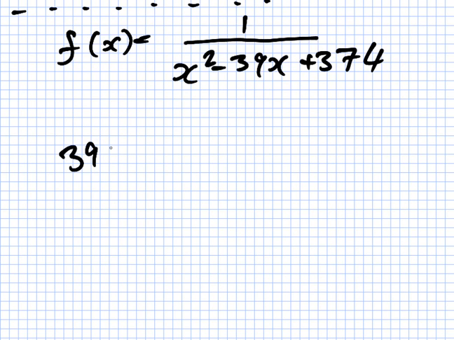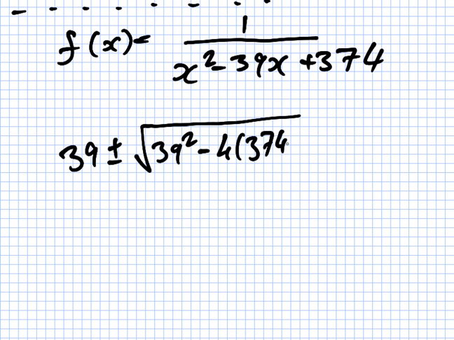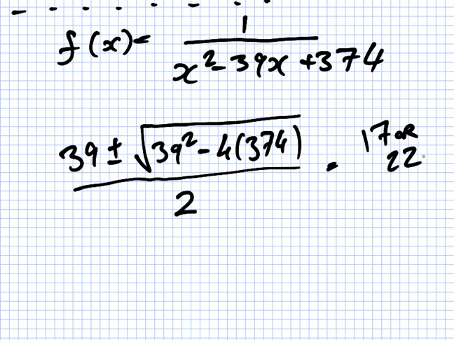Minus b plus minus square root of b squared minus 4ac, all over 2a. This equals 17 or 22.